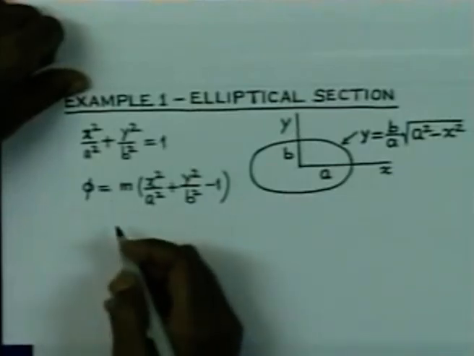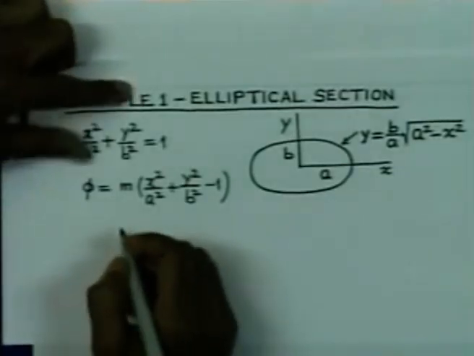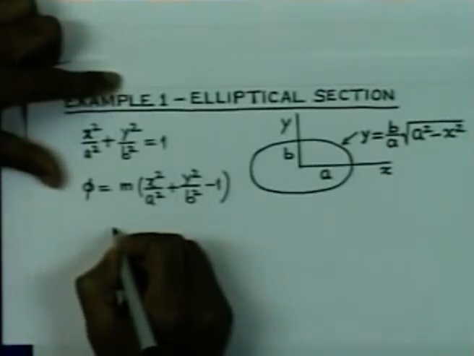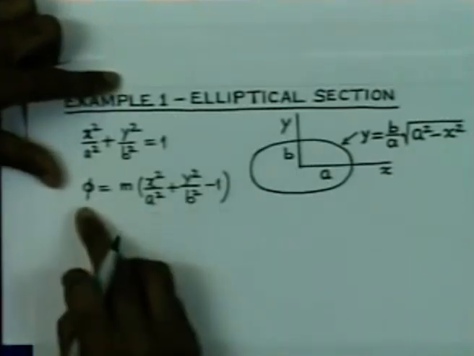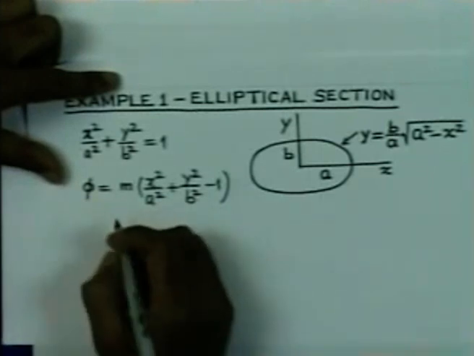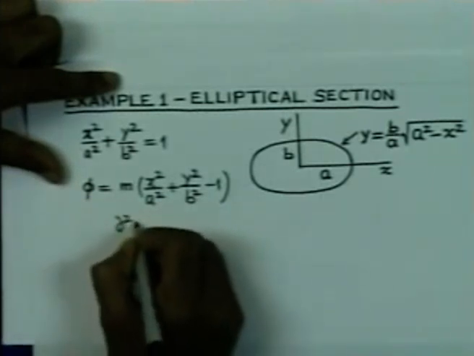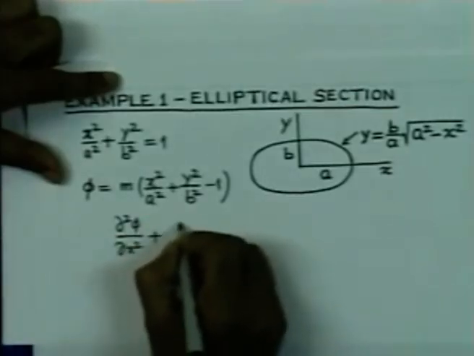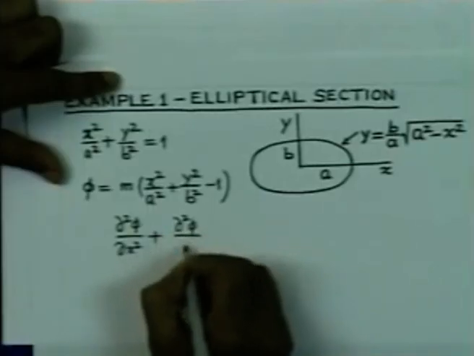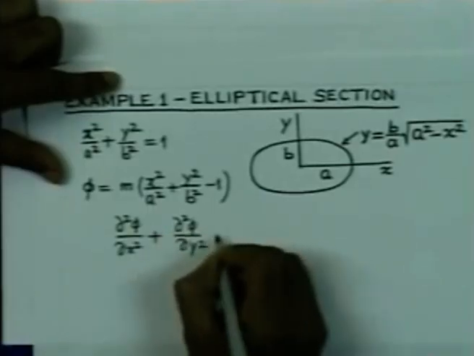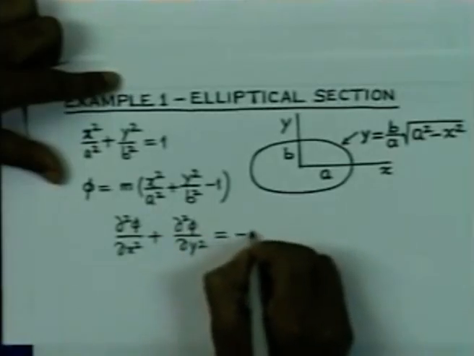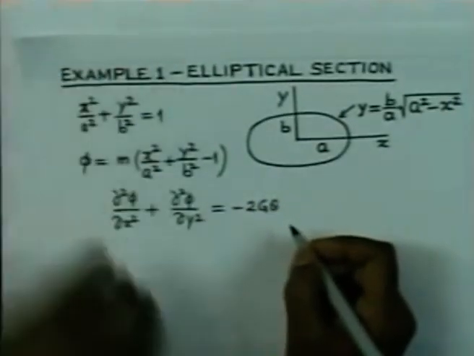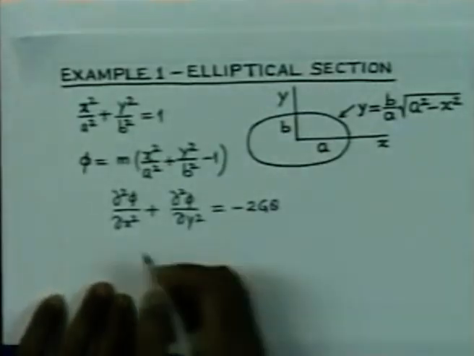Now, to determine this constant, we can write the equation that is satisfied by this Prandtl function: delta 2 phi by delta x square plus delta 2 phi by delta y square is equal to minus 2 g theta, where theta is the angle of twist per unit length.